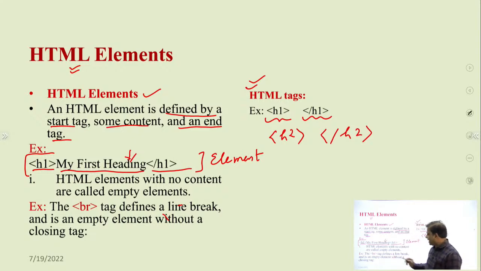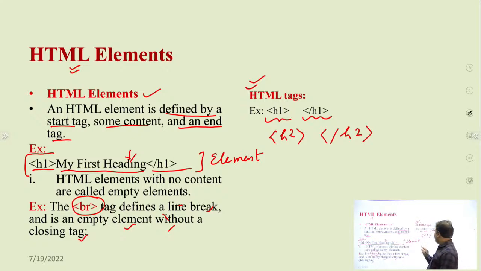There are certain tags which have no closing sign, like br, that is a line break. This defines a line break, and it is an empty element because it does not have a closing tag.